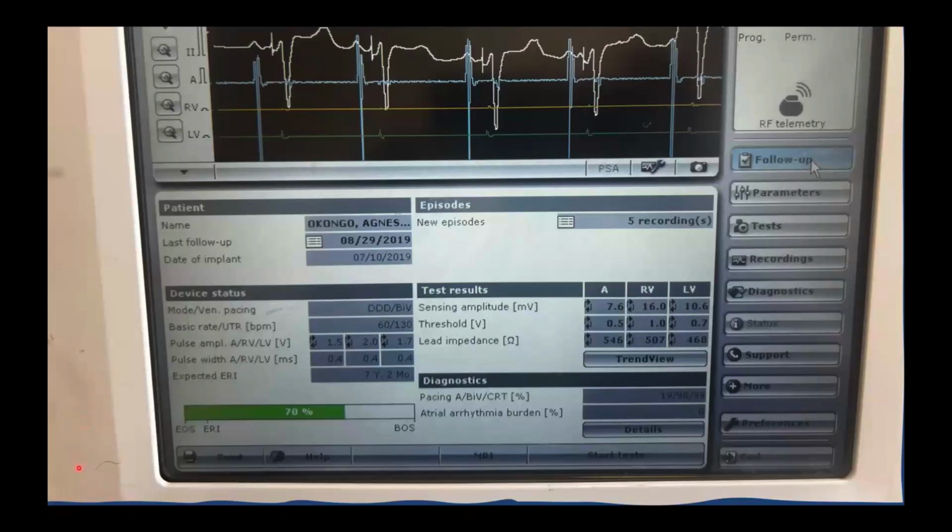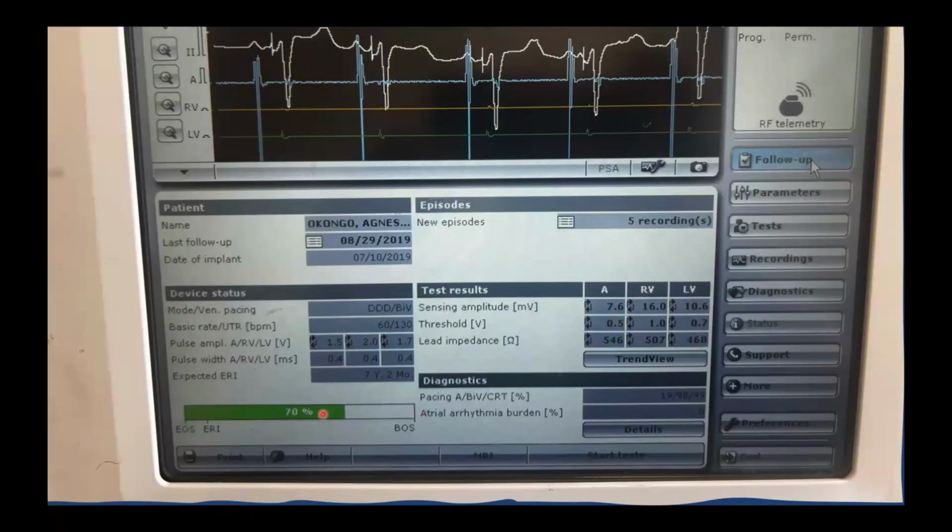Okay, so over here, as usual with all devices, you're going to have to test the atrial amplitude, the threshold, and the impedance, the right ventricular amplitude, threshold, and impedance. And again, make sure you test the left ventricular amplitude, threshold, and impedance. And you test it in the configuration of the pacemaker vector that the device is programmed at.